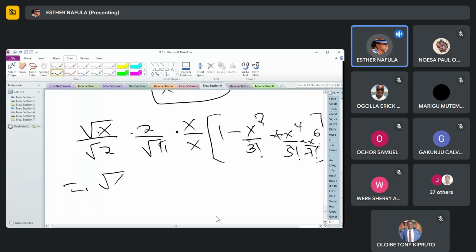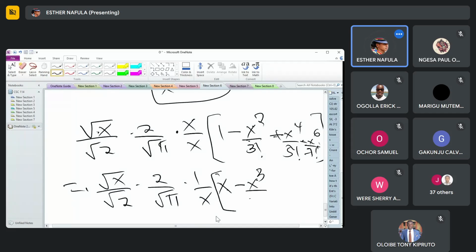So this is square root of x divided by square root of 2 times 2 divided by square root of pi times 1 over x. I want to distribute the x in the numerator. So x times 1 is x. X times x squared over 3 factorial is x cubed over 3 factorial. X times x power 4 is x power 5 over 5 factorial. X times x power 6 is minus x power 7 over 7 factorial, and so on.